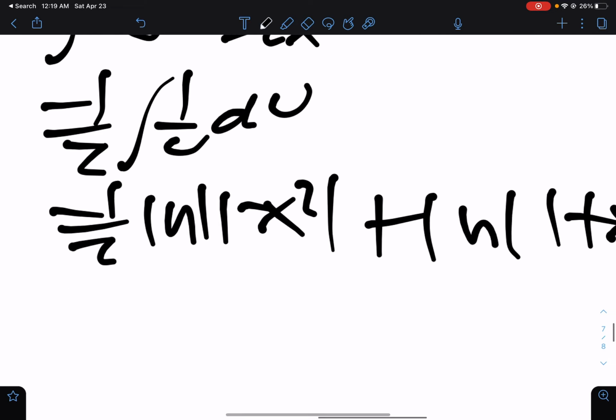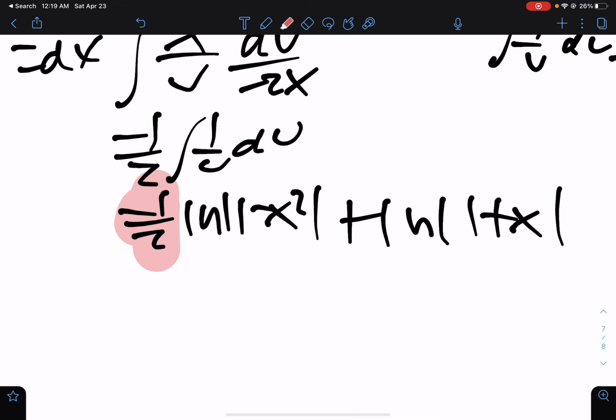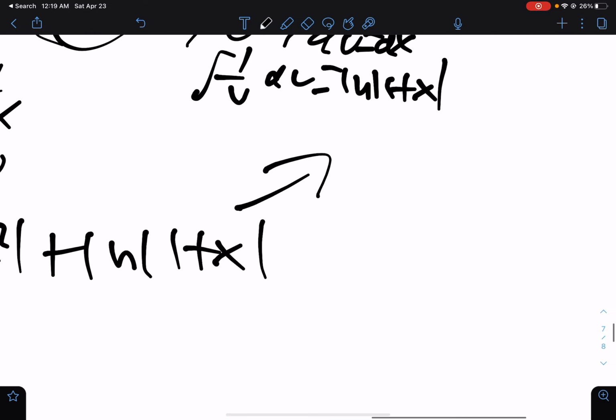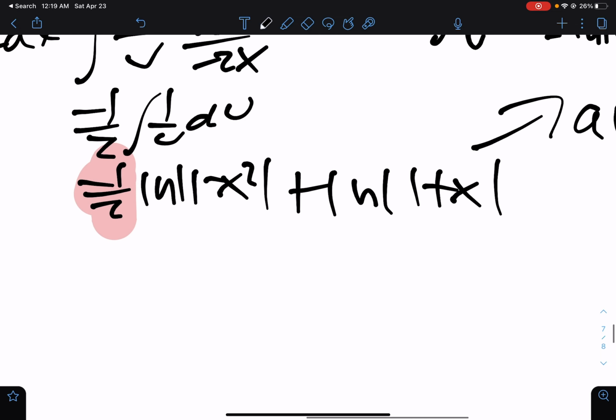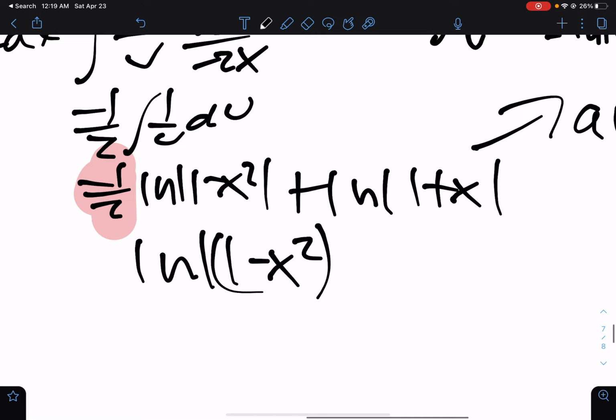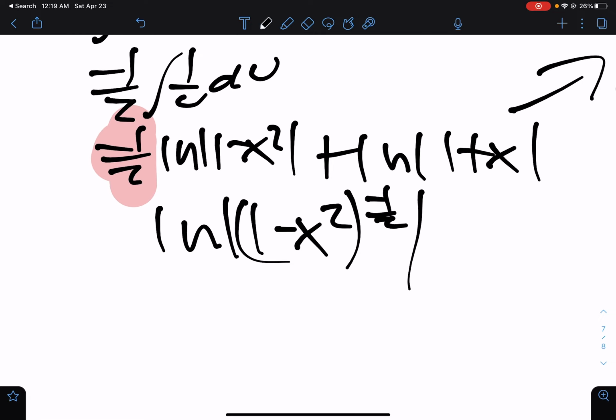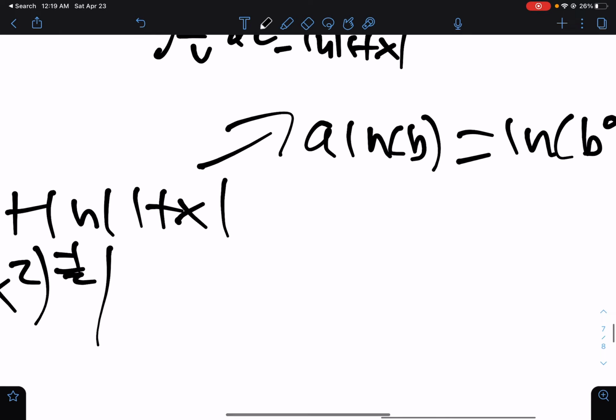And I'm simply going to use some log properties, so I'll put this on the side here. A times the natural log of b is the natural log of b raised to the a. So simply this could be written as the natural log of 1 minus x squared raised to negative 1/2. And a raised to the negative b is 1 over a to the b. I'll write that here.